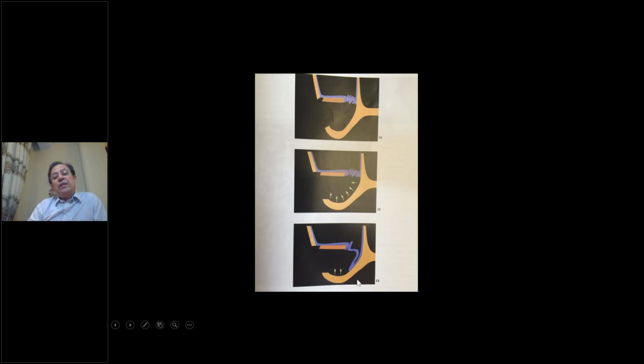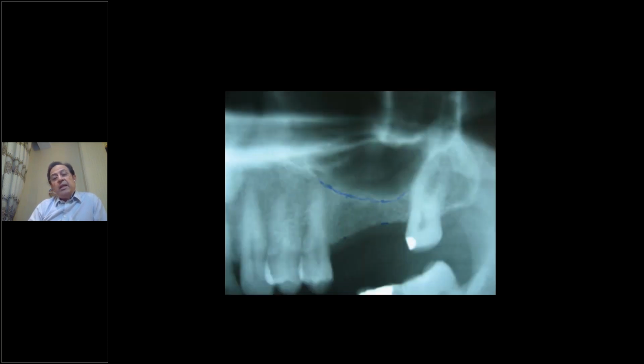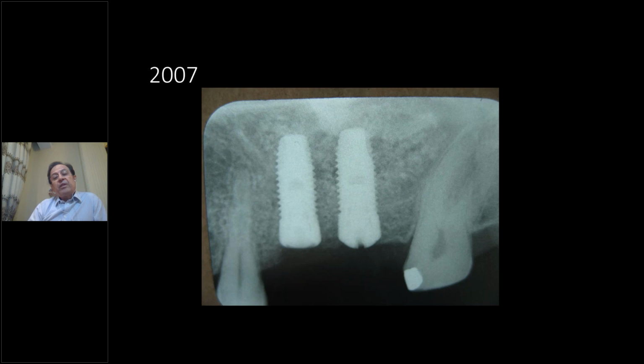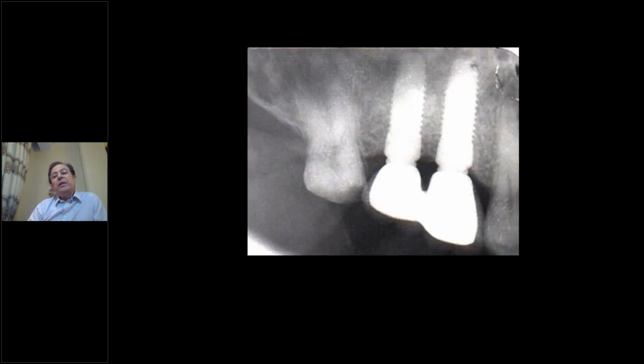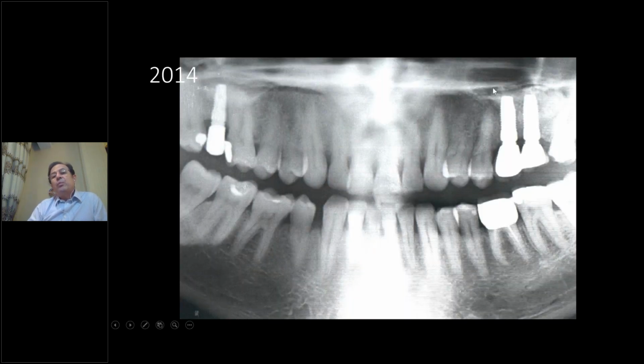Again, you see the importance of exposing the medial wall. This is a case of sinus graft after the filling, done around 13 years ago, and it is without any decrease in the height of the bone, because we used such a less resorbable material without autograft.